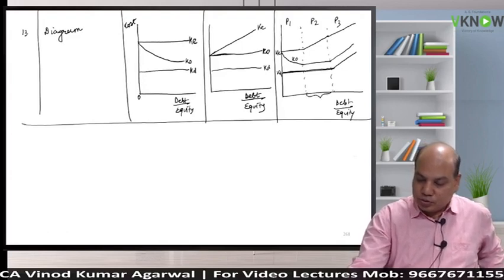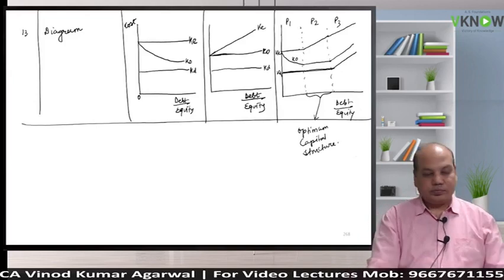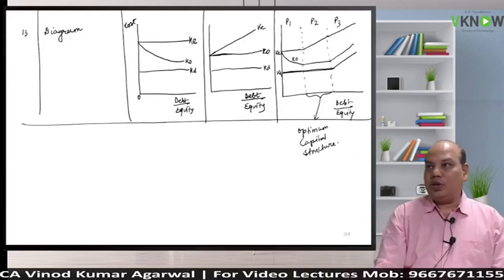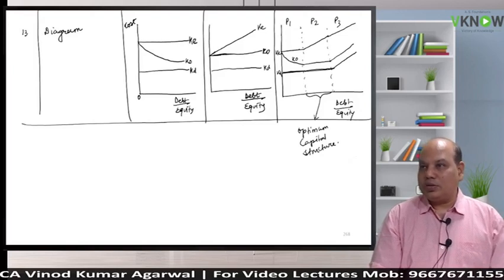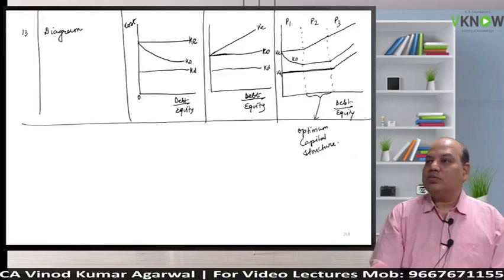So phase 2 is the optimum capital structure. Is it right? So close this chart now.